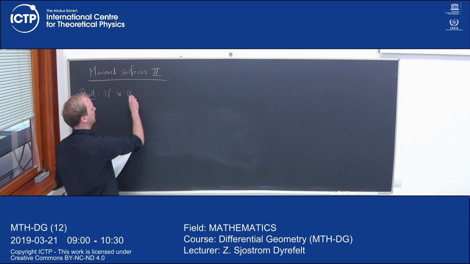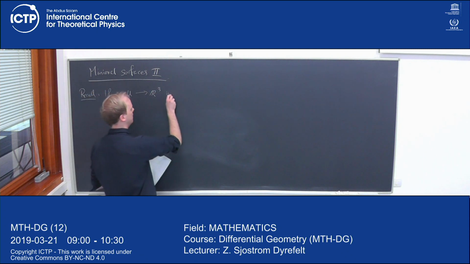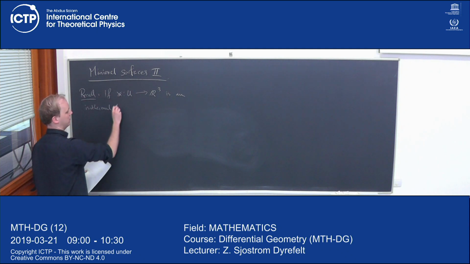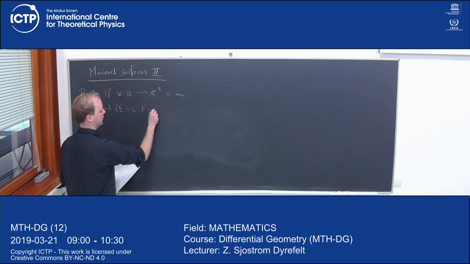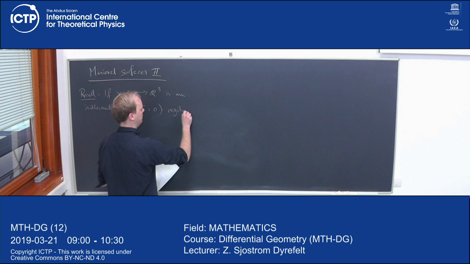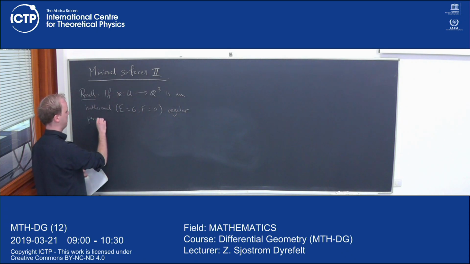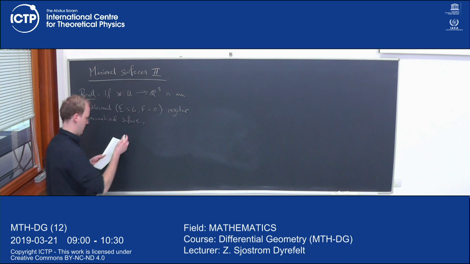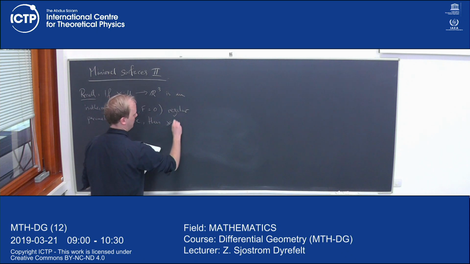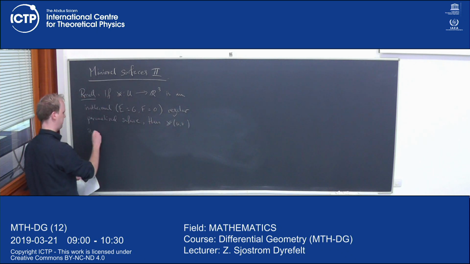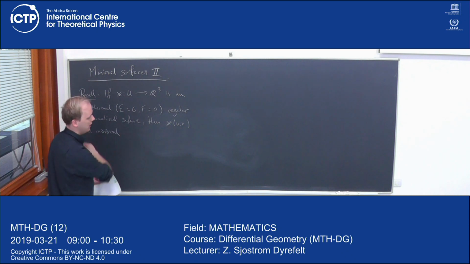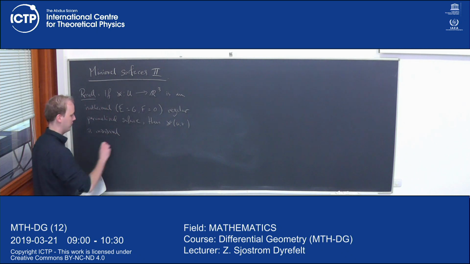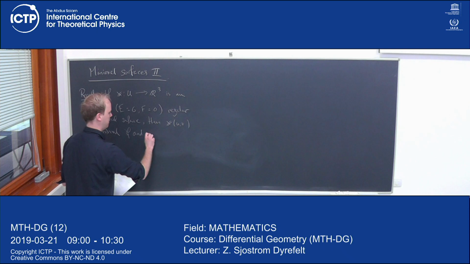So if x from U to R3 is an isothermal, so remember this means that E equals G and F equals 0, regular parameterized surface, then x of uv is minimal if and only if each of the coordinate functions is harmonic.